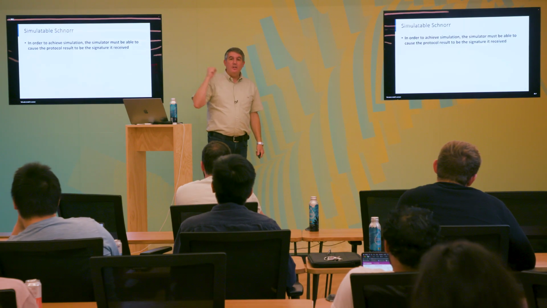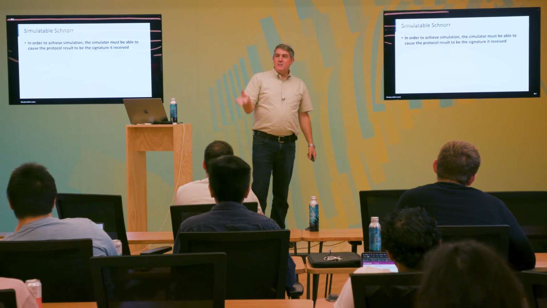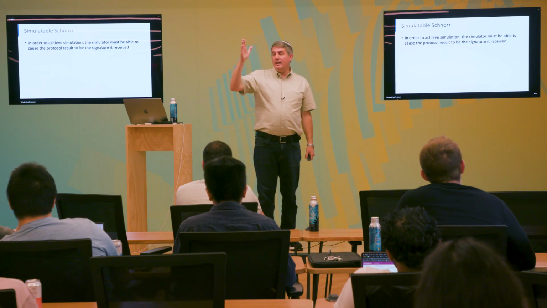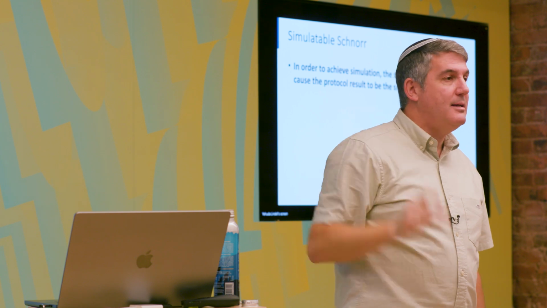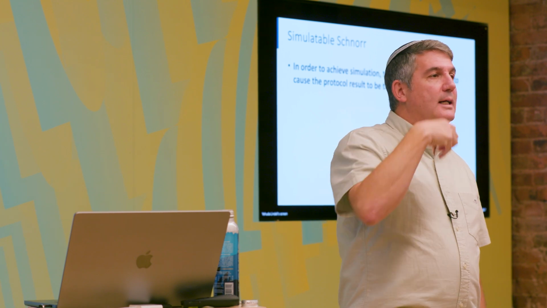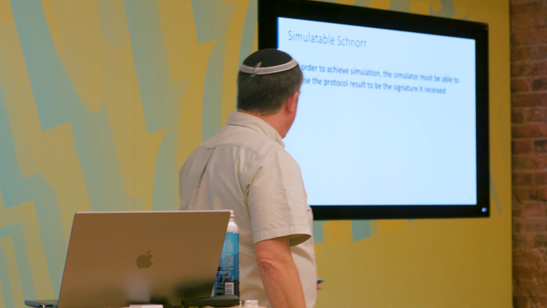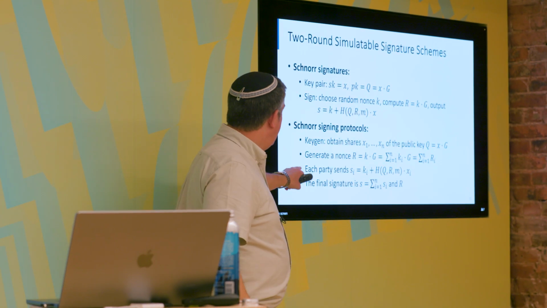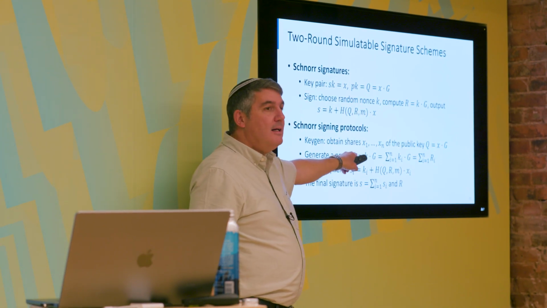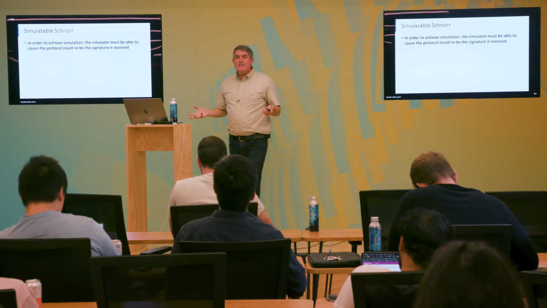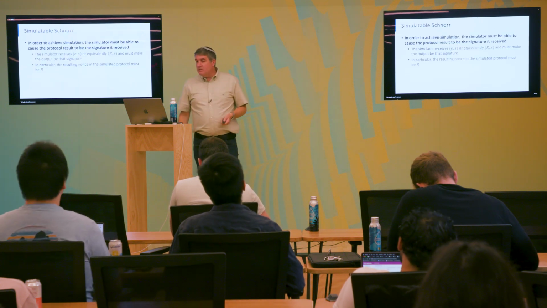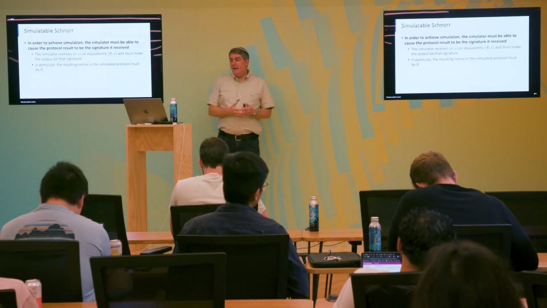That signature includes, either explicitly or implicitly, the capital R, the public nonce, so R equals K times G. So I need to make sure that this step here, where we're somehow generating this nonce, the result of this will be what I got from the trusted party. Well, I'm sure you can all see this is exactly the same problem as DKG, so we can do exactly the same thing and solve it in that way.